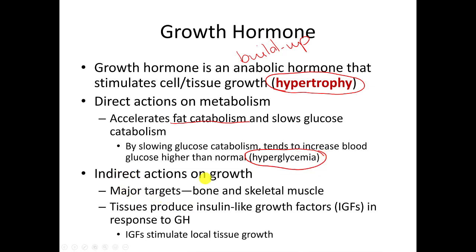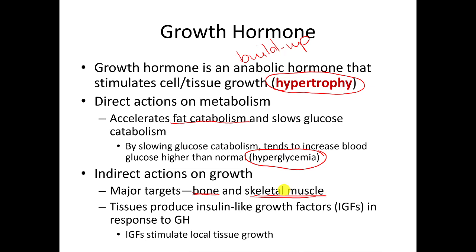Now, some of the indirect actions on growth that we find with growth hormone, typically it's going to target bone and skeletal muscle. Okay, so this is a hormone that will get released throughout your life, but mostly it is found in higher levels in young children that are growing.